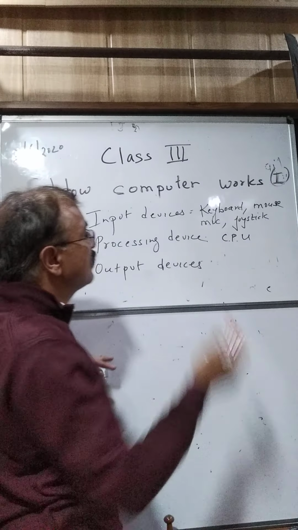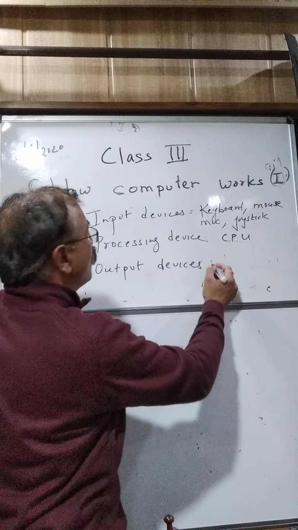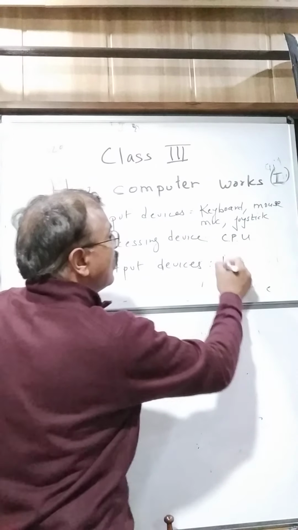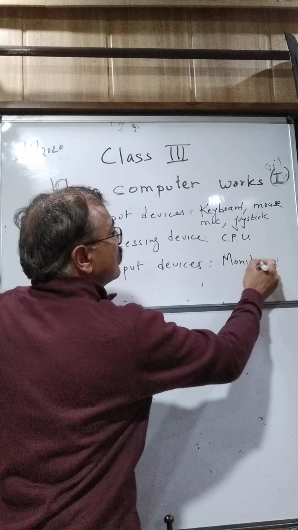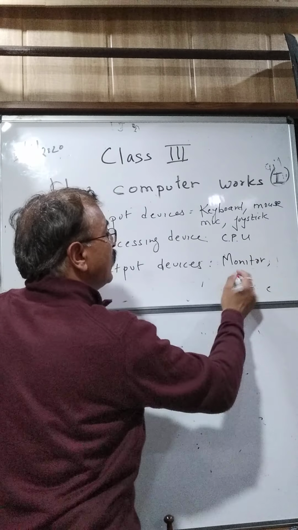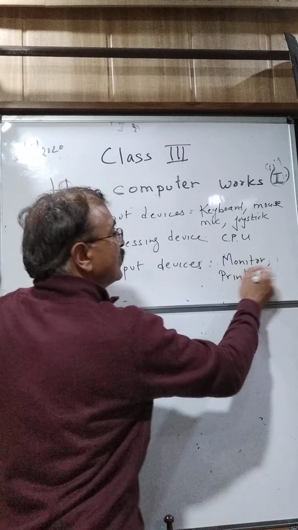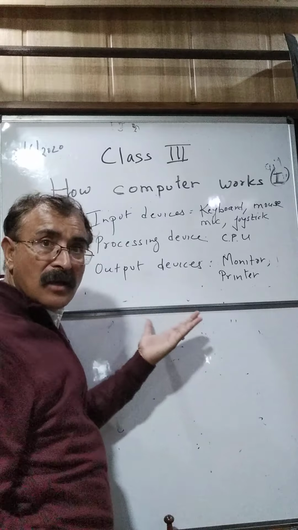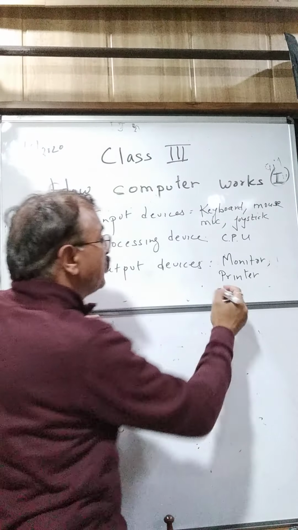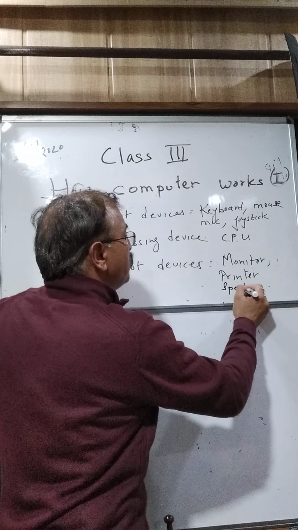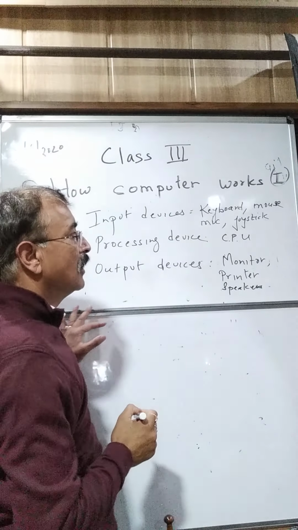Central processing unit is the processing device, and then you have output devices. Like, where do you see the result? It's on the monitor. You know what a monitor is? Screen. Then you can get the printout. So printer is what? Printer is an output device. Speakers also are output devices. Clear?